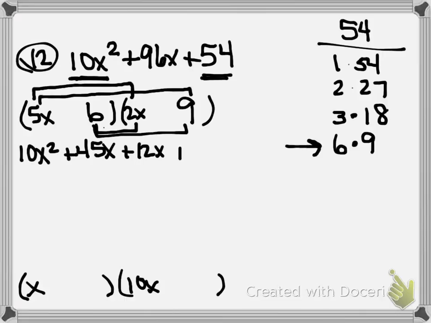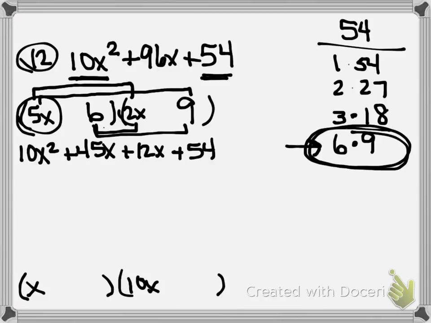And then, of course, the 54. So here, when I try these combinations, 6 and 9 is being multiplied by either 5 or 2. So it becomes a 45 and a 12. There's a little more depth to these with a coefficient out front.